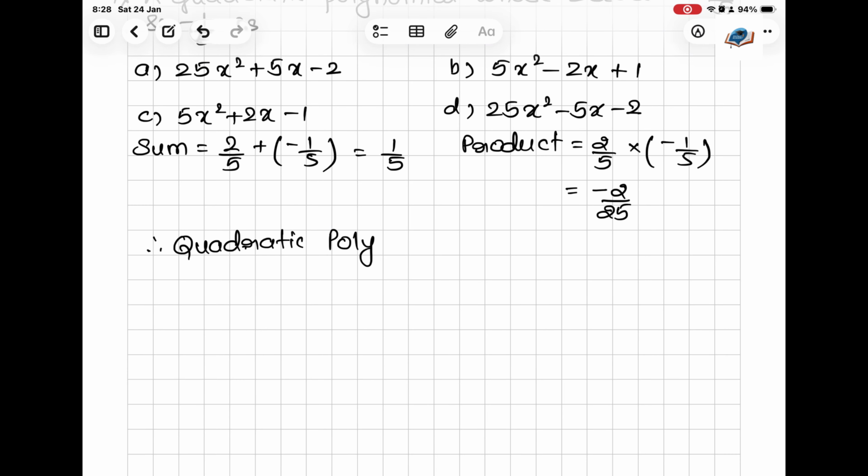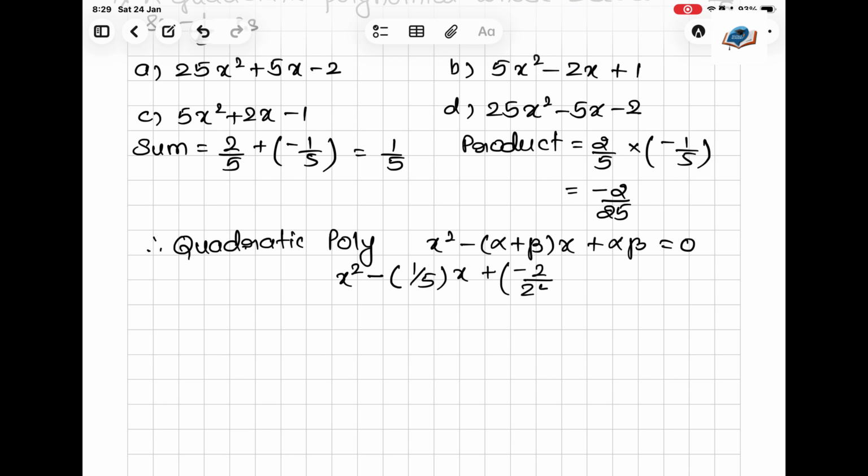So therefore, the quadratic polynomial formed will be x square minus (alpha plus beta)x plus alpha beta equal to 0. So if I put the values, x square minus the sum, 1 upon 5, x, plus minus 2 upon 25 equal to 0.